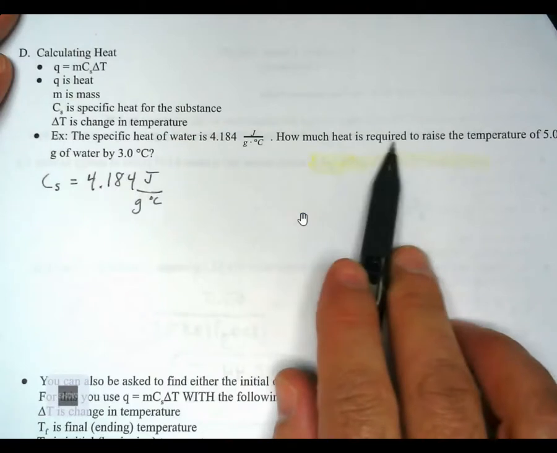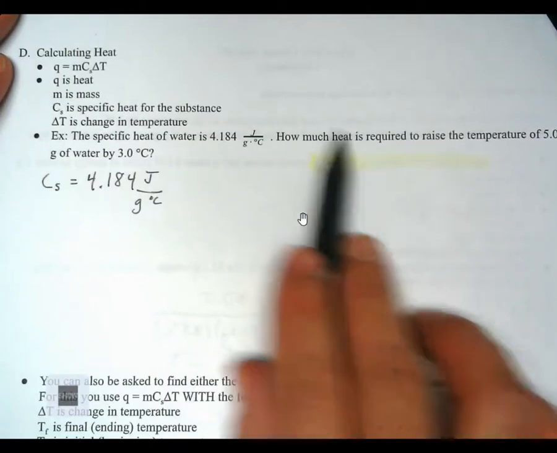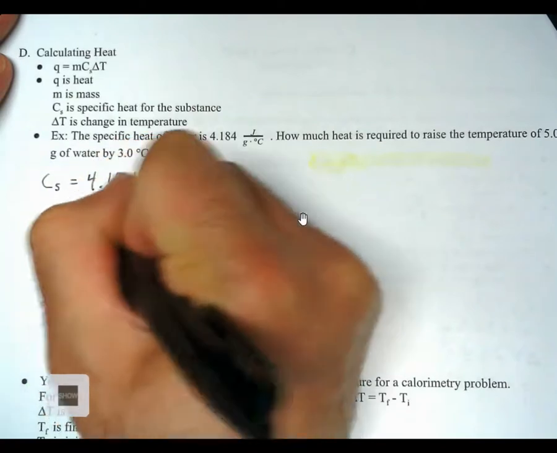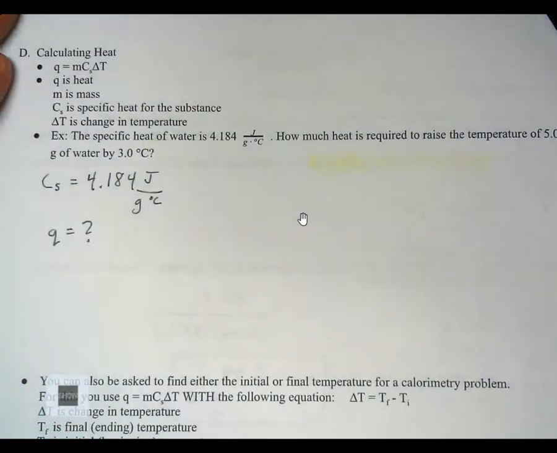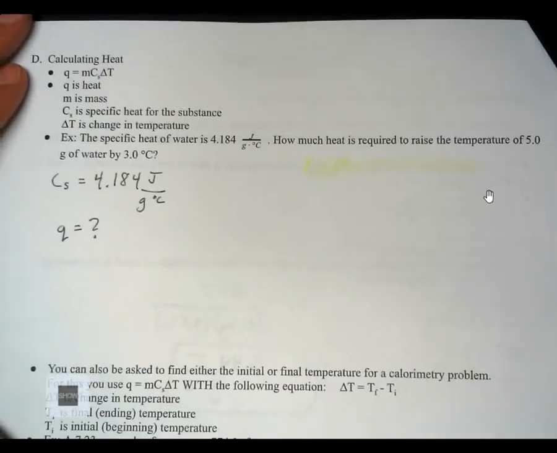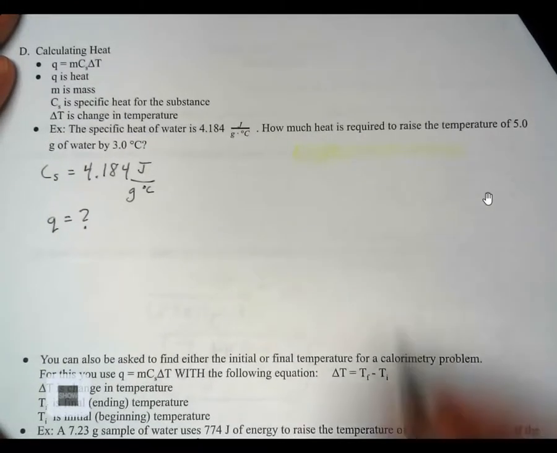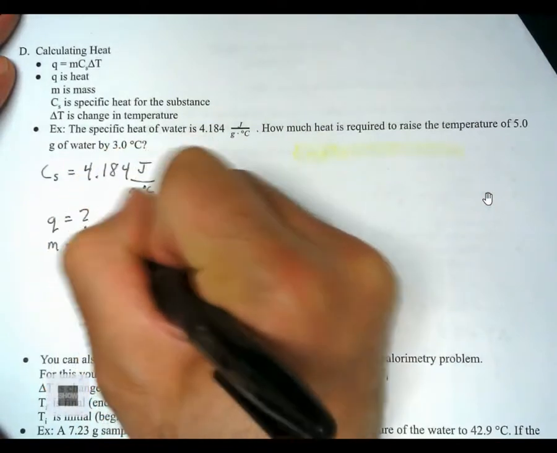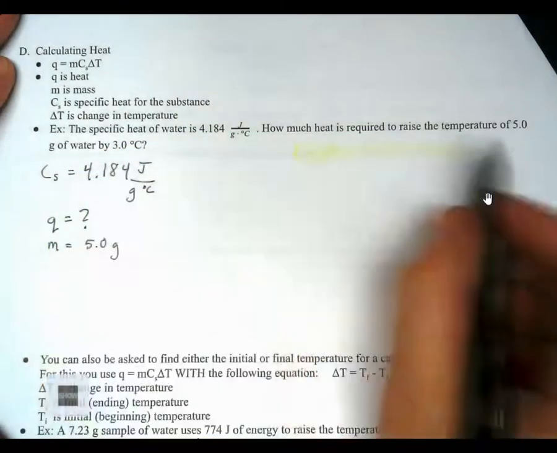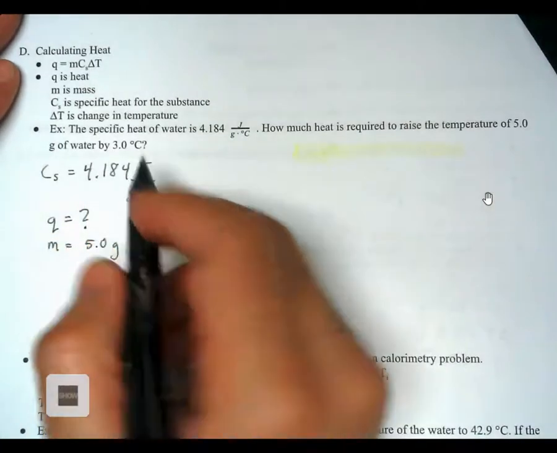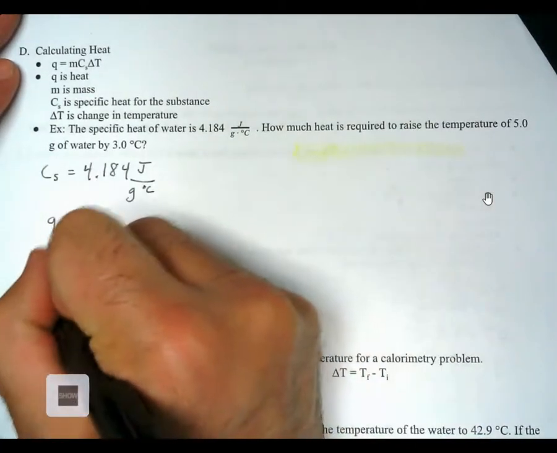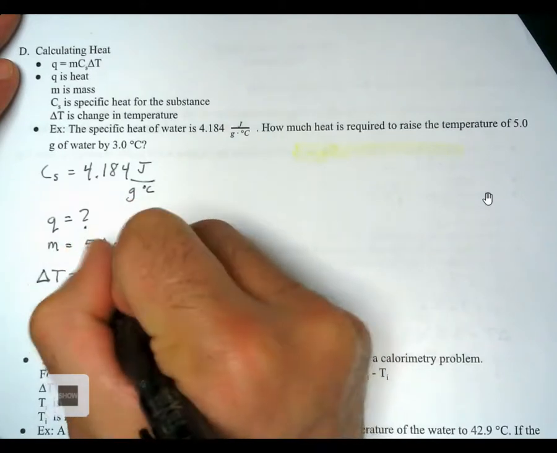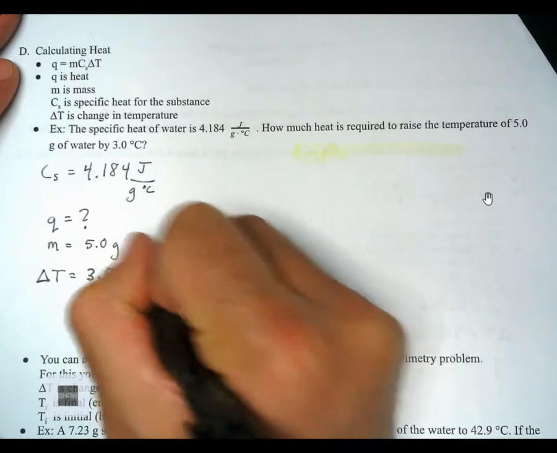How much heat is required? So how much heat, that's our Q, that'll be what we're looking for, to raise the temperature of 5 grams of water, so that's our mass, to raise the temp by 3 degrees Celsius. So that's our delta T, because that's how much the temperature is changing. We want to change it 3 degrees Celsius.